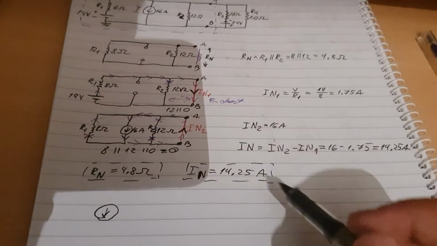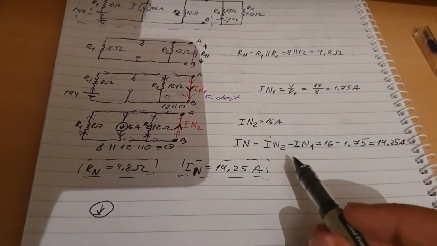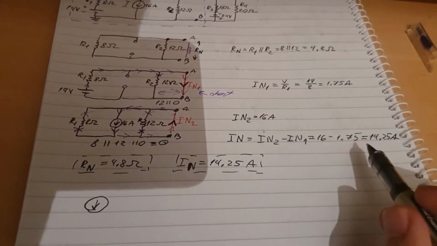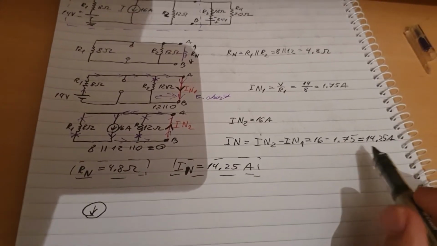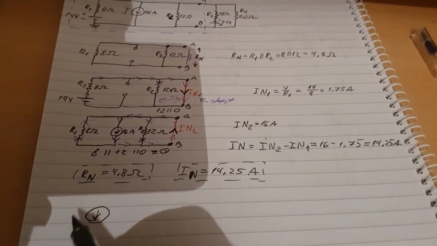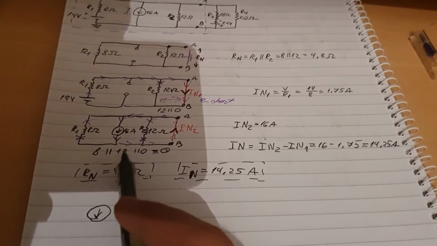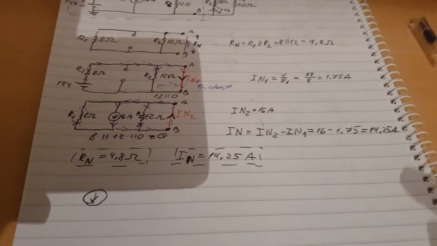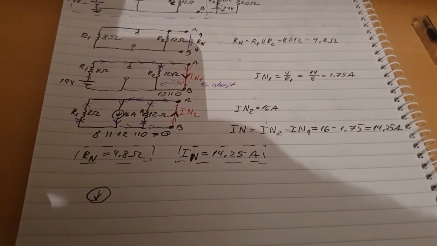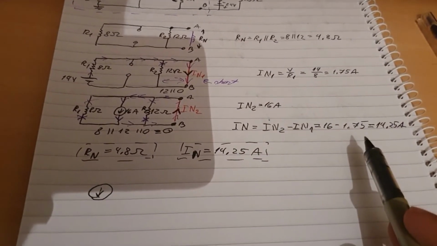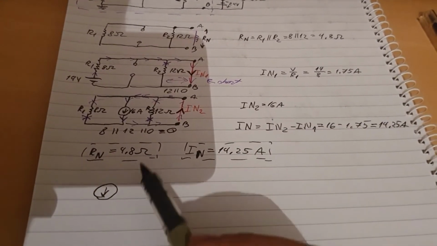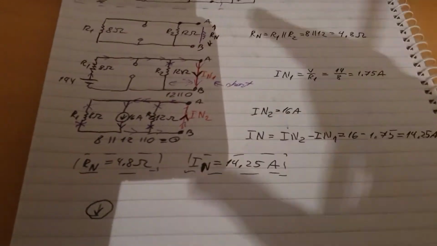If when we did IN2 minus IN1 we got minus 14.25 amps, then the direction will be the opposite of this one here. So again, when it's a minus value, the direction is opposite. When it's a positive value for IN, then it is the original direction. It's important for you to know this.